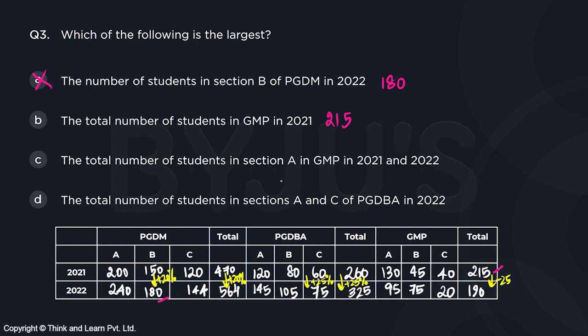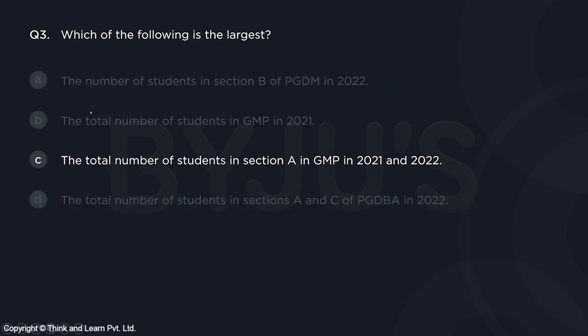The total number of students in section A in GMP in 2021 and 2022, so we're talking about the sum of these two, which will result in 225. So B is not the answer. And then the total number of students in sections A and C of PGDBA in 2022, A and C, so 145 plus 75, so this is going to be 220. So D is not going to be the answer. C is the largest number out of all the four.